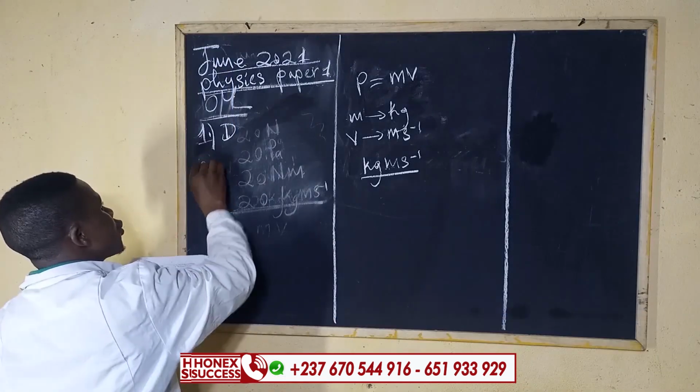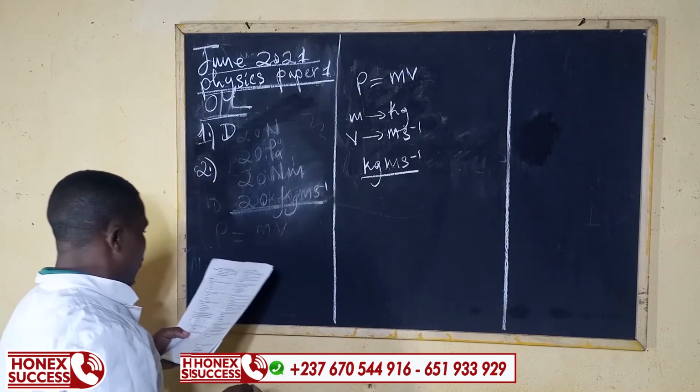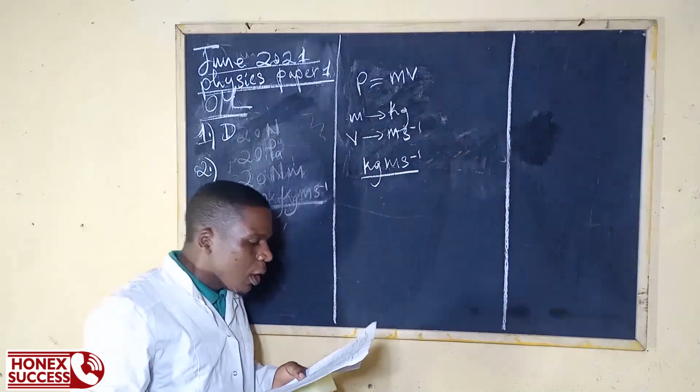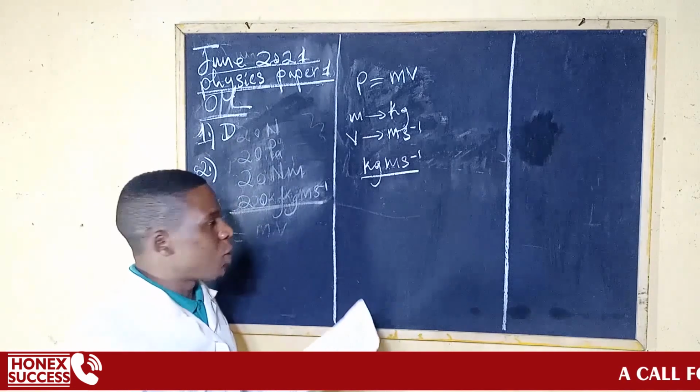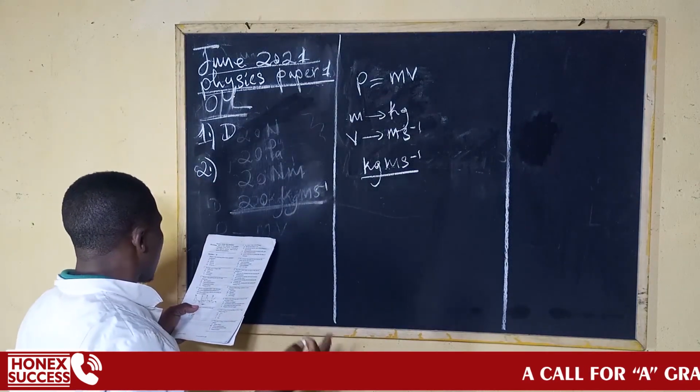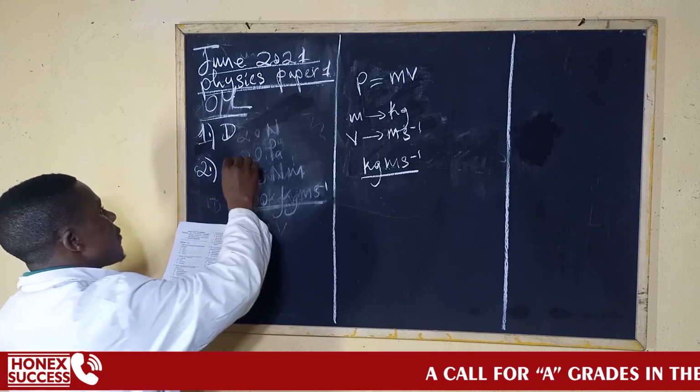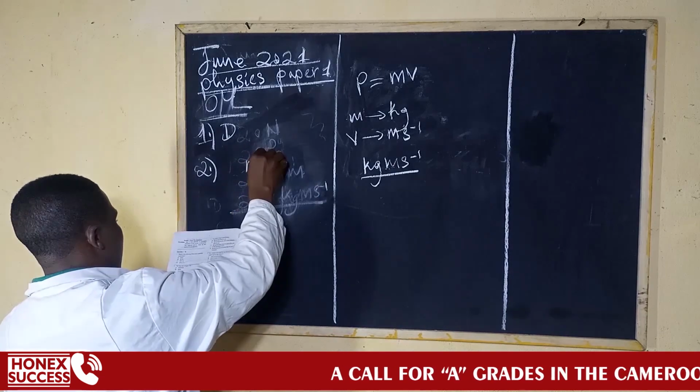So we continue now with question 2. Question 2 says that the base unit of length is the, okay, how many options are given? Equally 4 options.